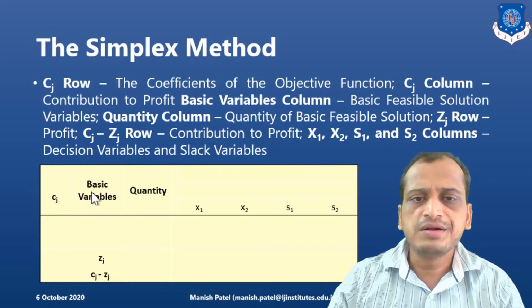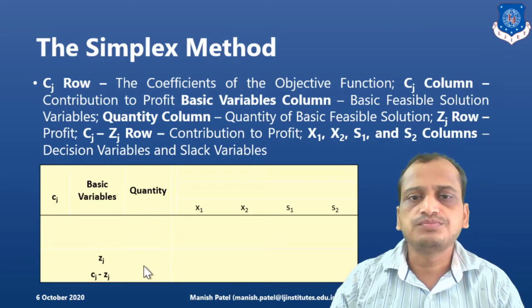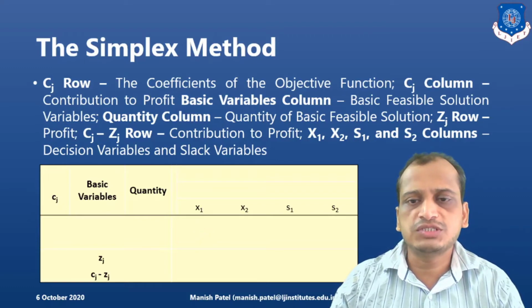How do we do that? We write down Cj, basic variables, and quantity. Quantity is the right hand side of the equations. We also write down the variables involved in the simplex equations: x1, x2, s1 and s2.